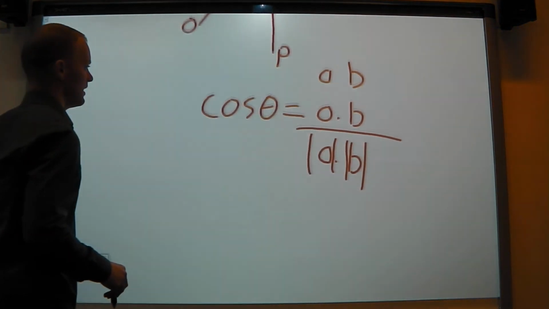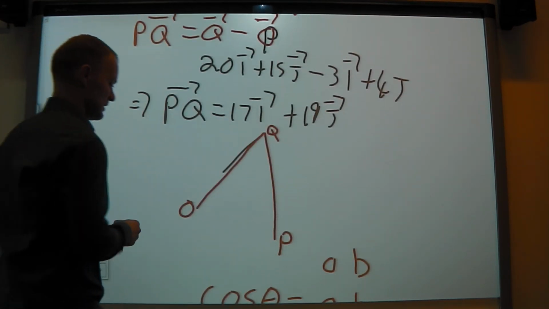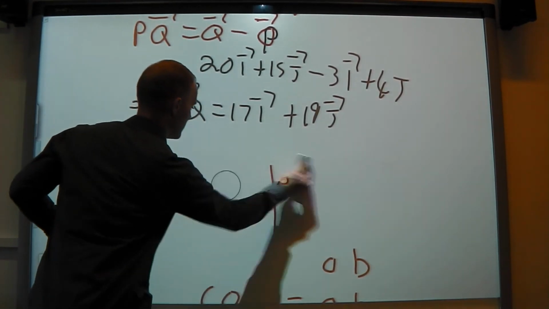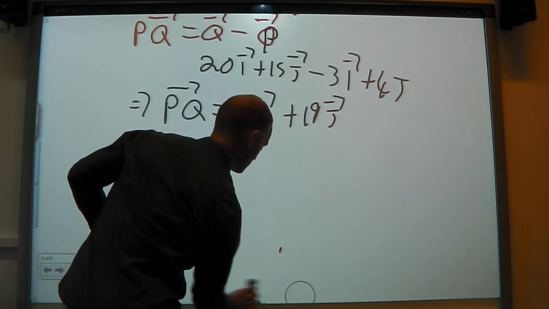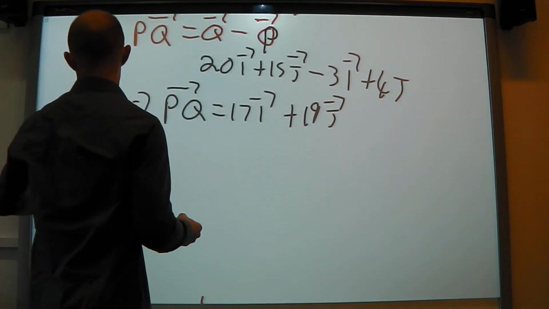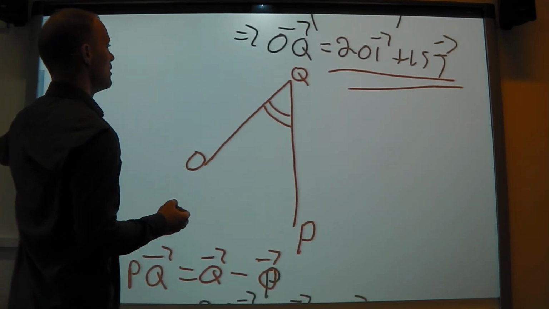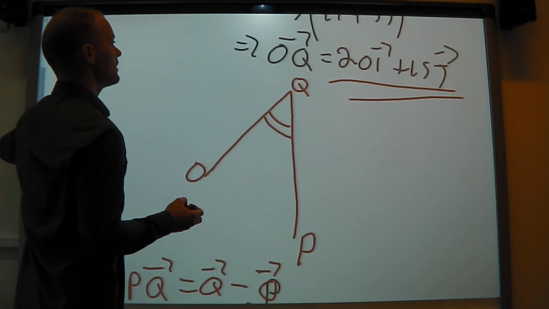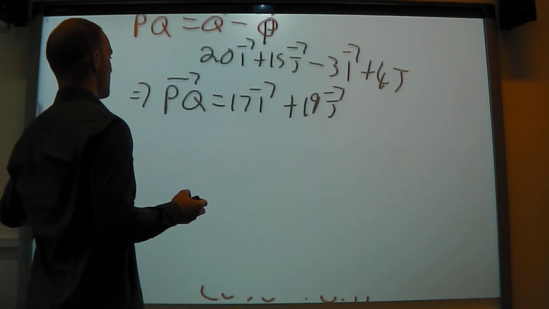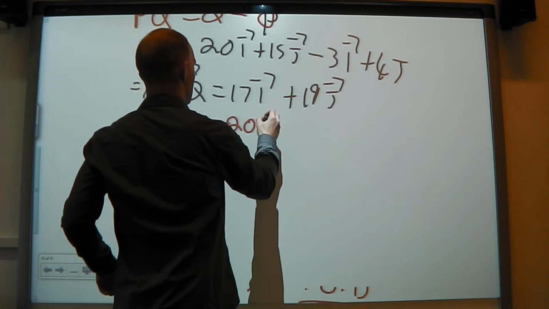So our PQ is equal to that, and we have our OQ, which is equal to 20i plus 15j.